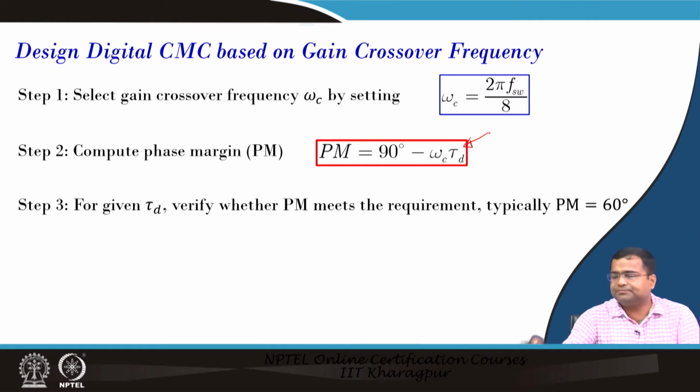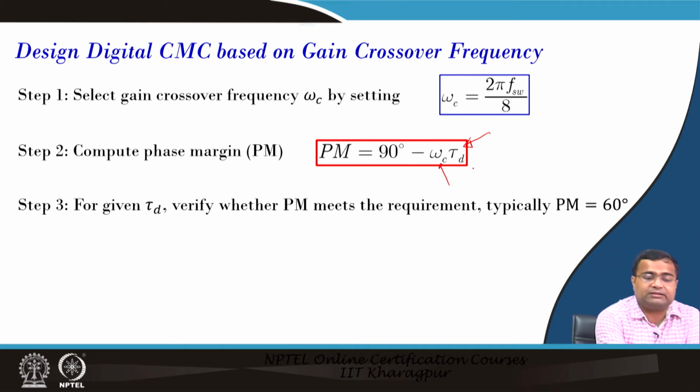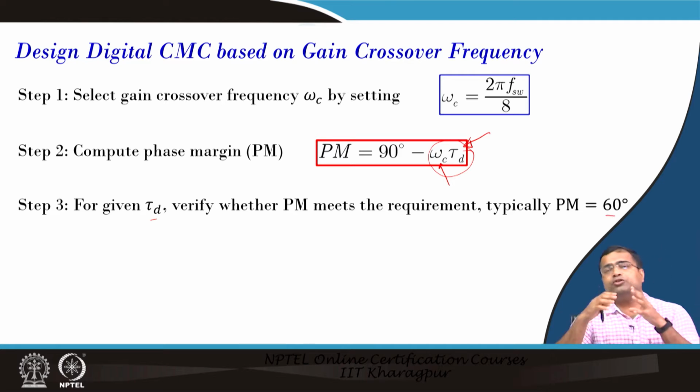Suppose our desired phase margin is 60°. If you try to push the crossover frequency and the delay is large, this term can be significant. So, we need to check, for a given tau d, what is needed to meet a 60° phase margin. That will pose a limit on your crossover frequency.